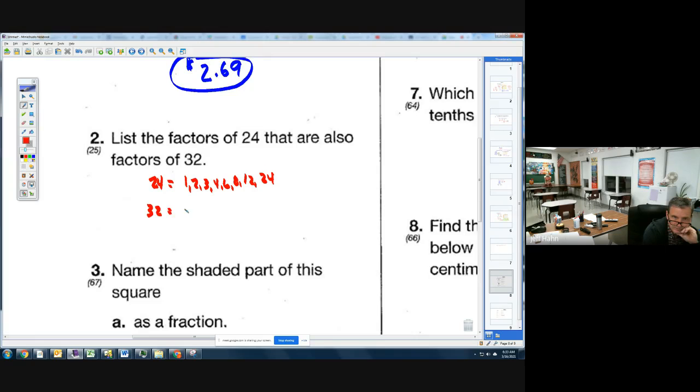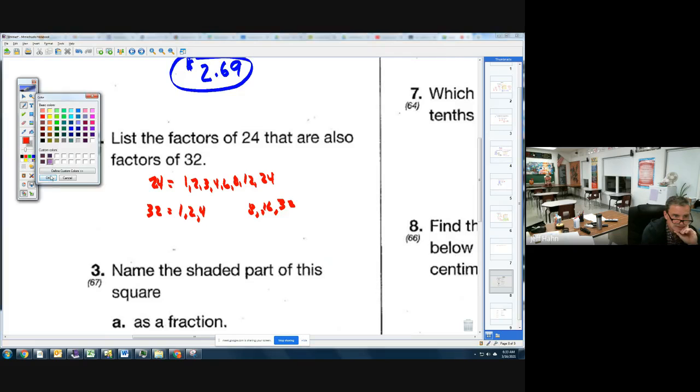Factors of 32: 1 and 32. 2 and half of 32, which is 16. 3 doesn't work, but 4 times 8 is 32. 5, 6, 7, that's all there are. So you're supposed to list the ones that they have in common. Let's take a look.